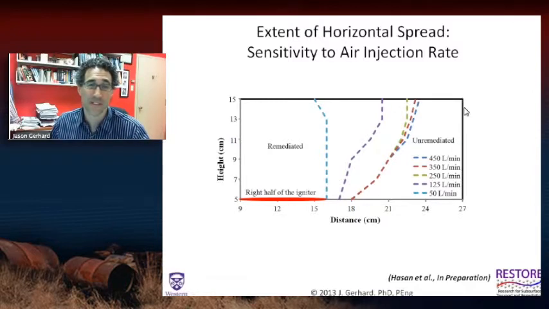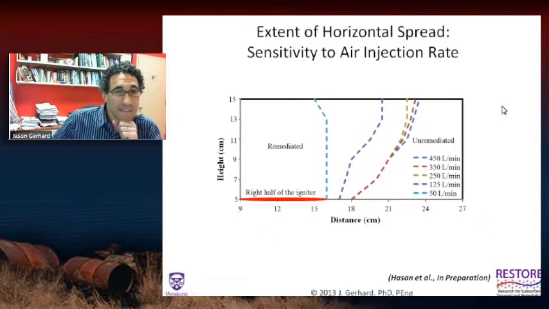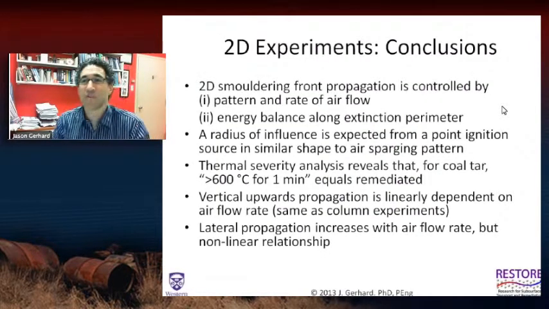As you know from the modeling, you can have a boundary effect. The airflow rate is being affected by this lateral boundary here. It's possible that if this was wider, then these larger airflow rates could have pushed this out to an even wider radius. Okay, so to conclude from the 2D experiments, what do we see?